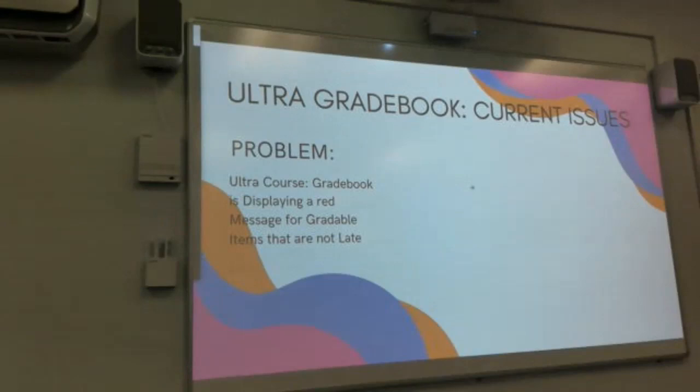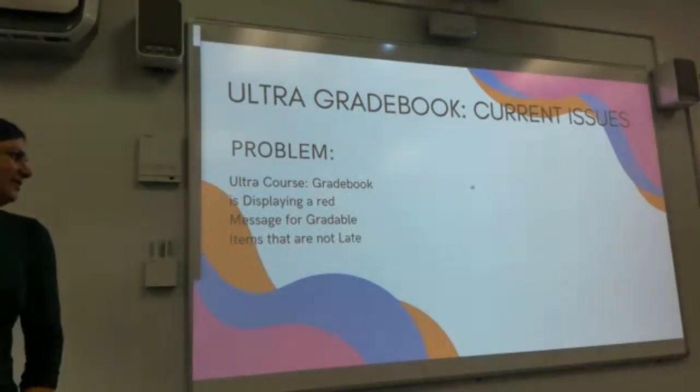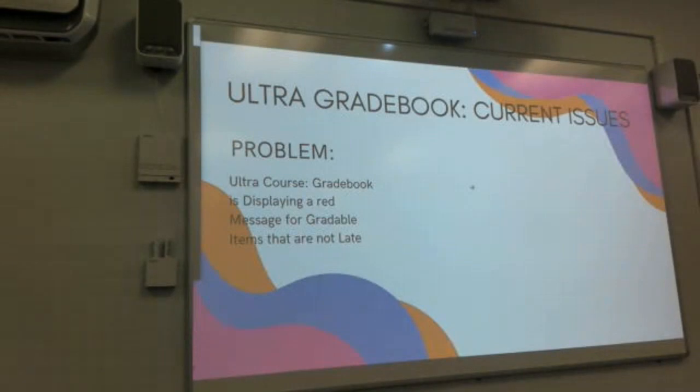All right, another thing I've seen. It tells you the submission is late when it isn't. So it will say submitted late. Remember earlier in the session when we saw assignments that have been submitted past the due date are in red.